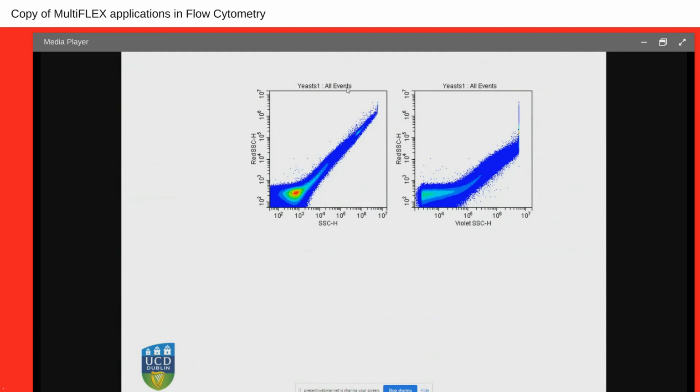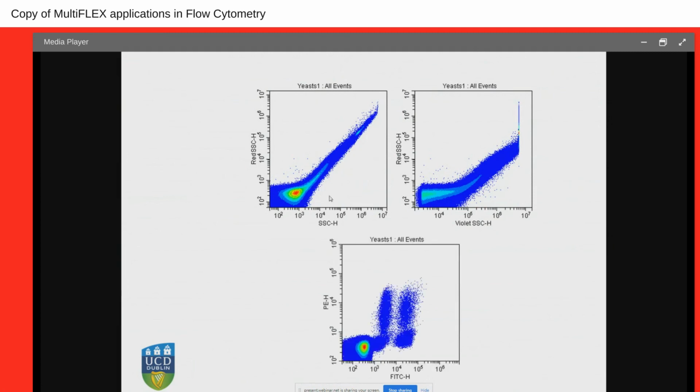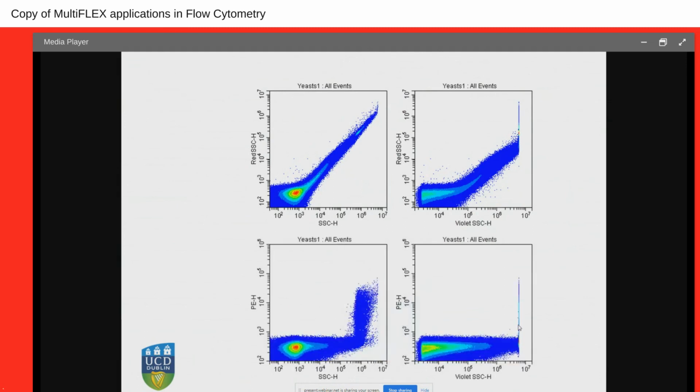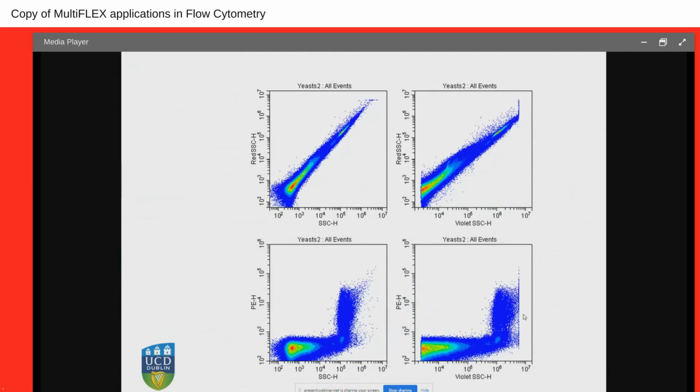So I got one sample of yeast that were transfected, the same ones I mentioned before, with GFP and mCherry. And here we can see the GFP and the mCherry on the yeast. I tried to localize them. This is off the scale. I just need to drop down a little bit again, put them on the scale, and see where the yeast are falling.